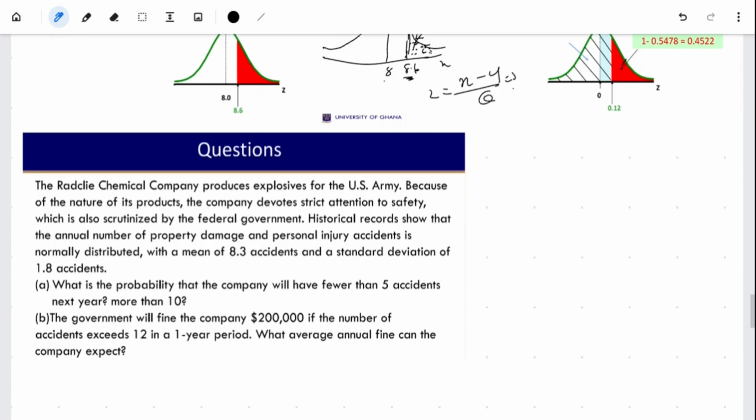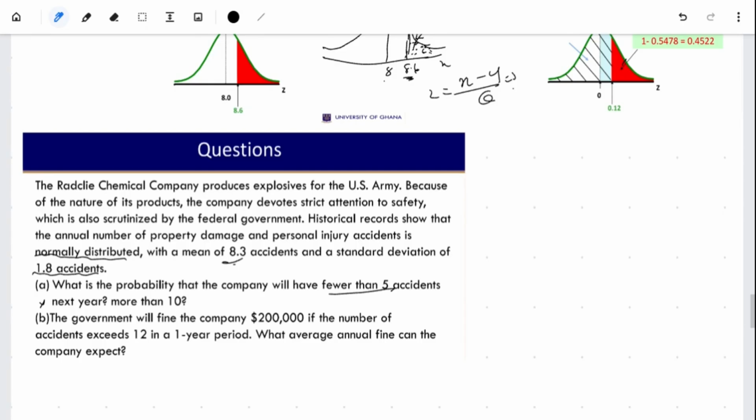Historical record shows that the annual number of property damage and personal injury accidents is normally distributed. So they told you that it's normally distributed, right? And then with a mean of 8.3 accidents and a standard deviation of 1.8 accidents, what is the probability that the company will have fewer than 5 accidents next year? More than 10 accidents?